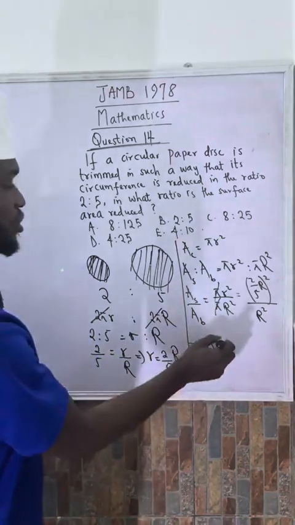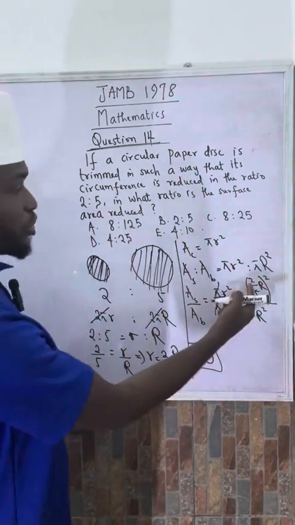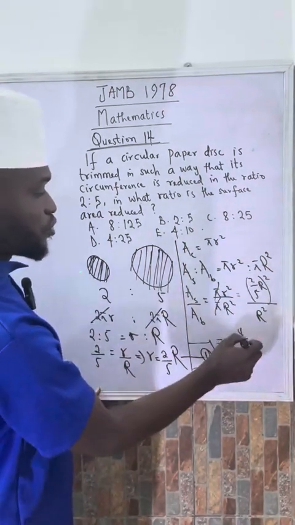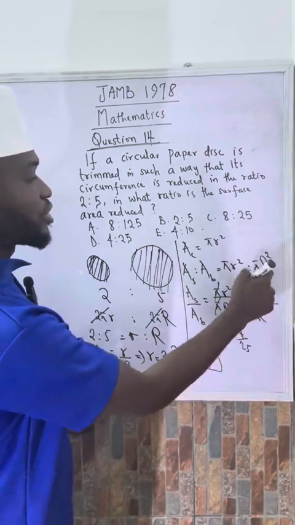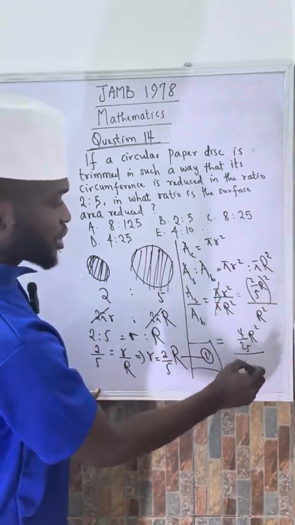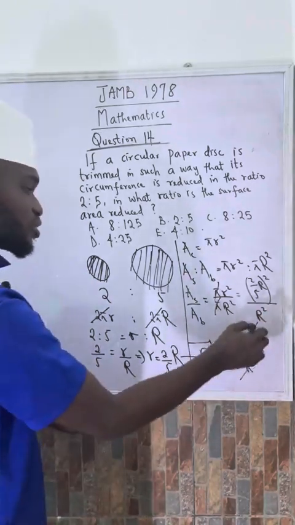Let's use this to complete our solution. 2 squared is 4, 5 squared is 25, then R squared over R squared, and R squared cancels R squared.